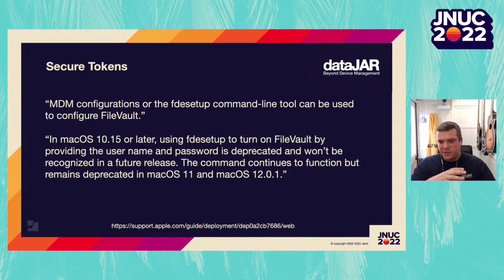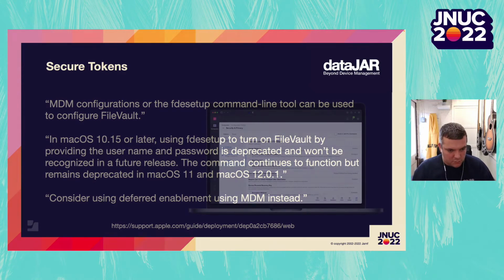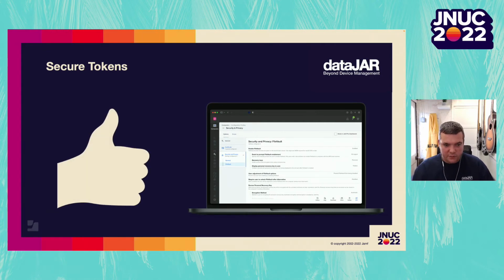Goes back to our lapsed user thing with Jamf Connect, why it only works for 10.15 but hasn't worked in newer OSs. Consider using deferred enablement using MDM instead. So by this, what Apple is basically saying is enable FileVault from 10.15 up using an MDM profile. And we've got the keys there. We can enable at login, logout, etc., and that should work for you.